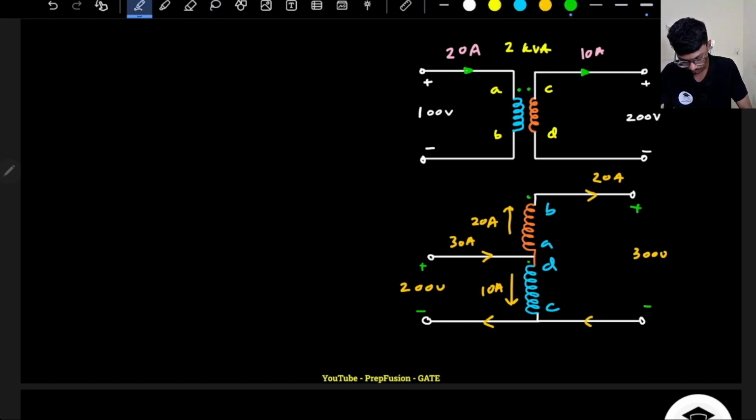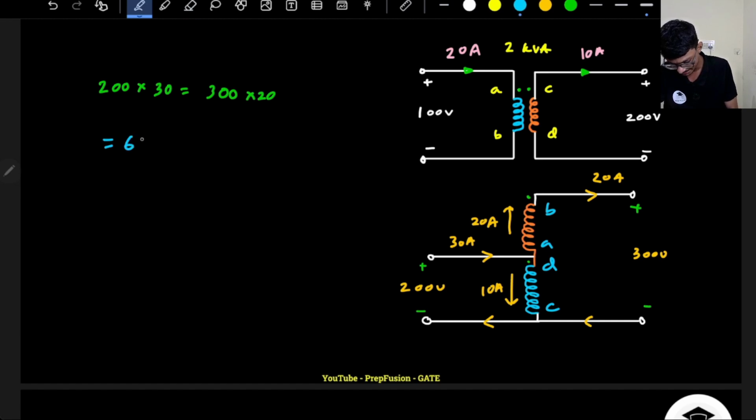Okay, so now what we can say, kVA rating, right? What will be the kVA rating? kVA rating will be 200 into 30 equals to 300 into 20. So the kVA rating is 6 kVA. Again it's the same, only.